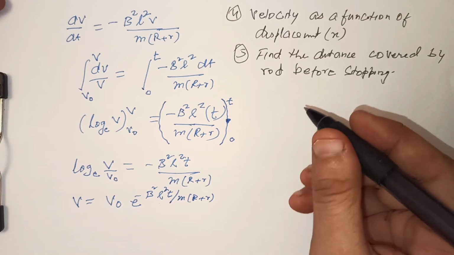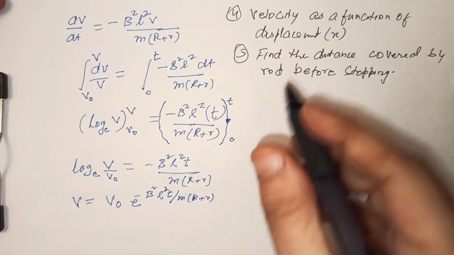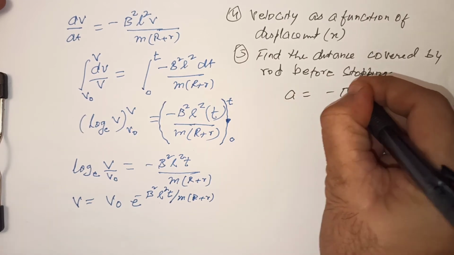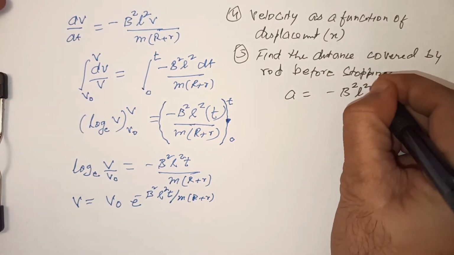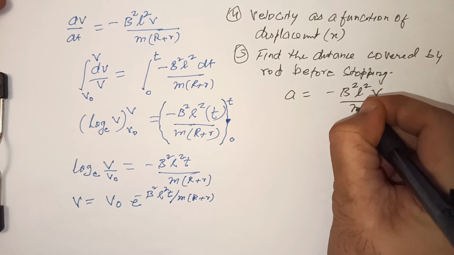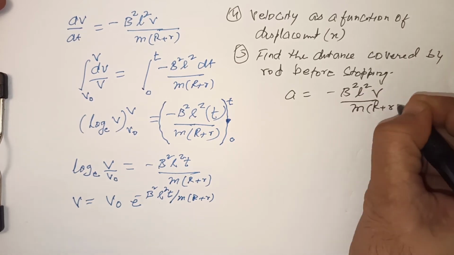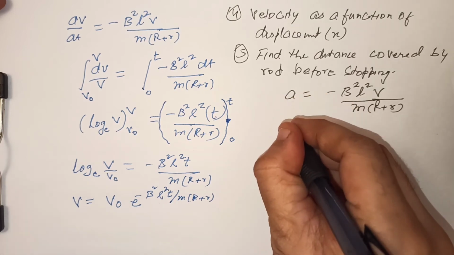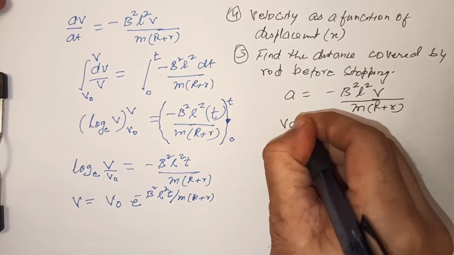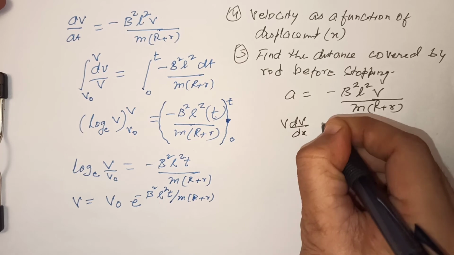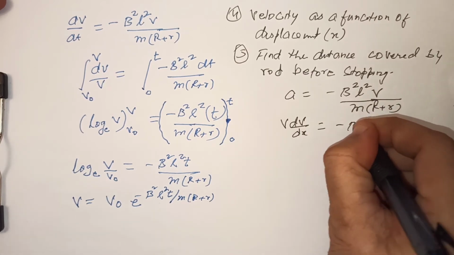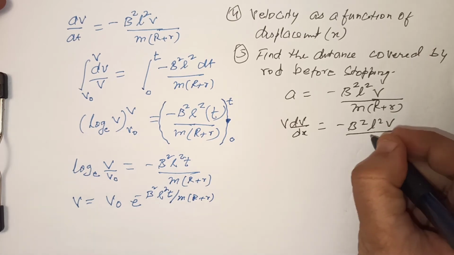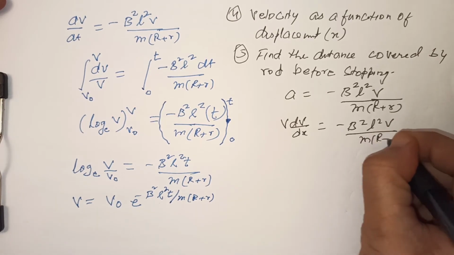Now it's very simple. What we have done here is, we know that acceleration is equal to minus B square L square V by M into R plus r. Further I can write acceleration as v dv by dx is equal to minus B square L square V by M into R plus r.